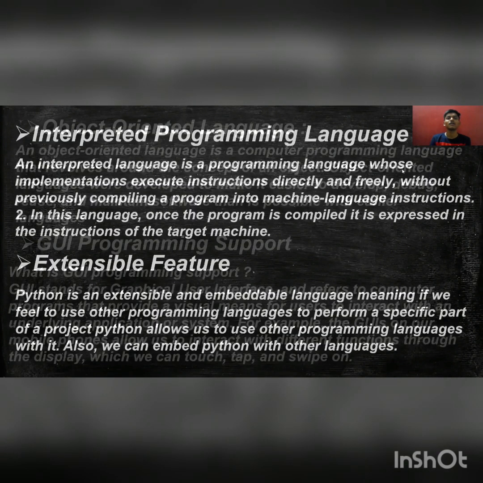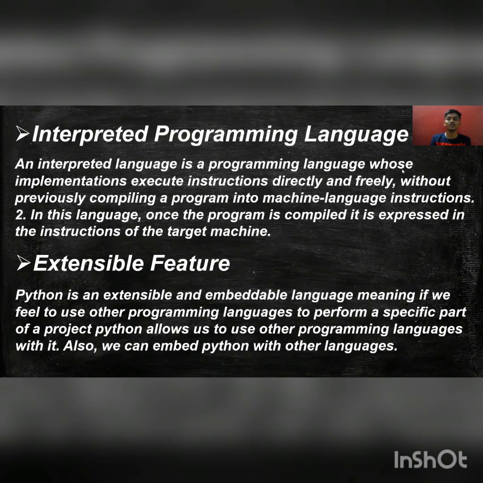And next, interpreted programming language. Python is an interpreted programming language because an interpreted language is a programming language whose implementations execute instructions directly and freely without previously compiling a program into machine language instructions. In a compiled language, once the program is compiled, it is expressed in the instructions of the target machine.